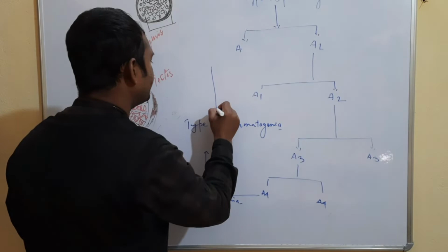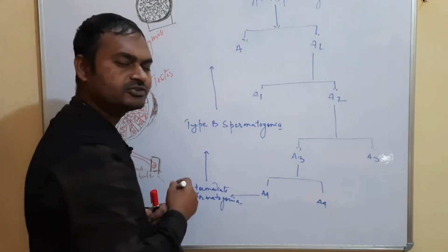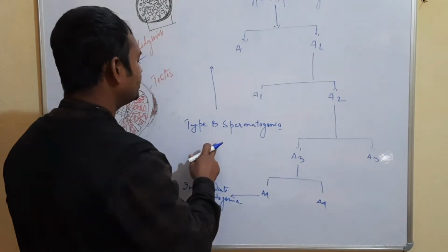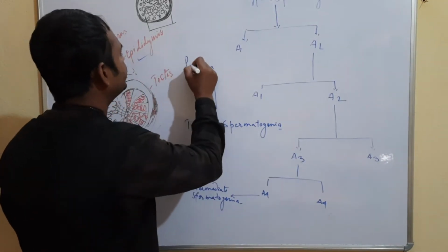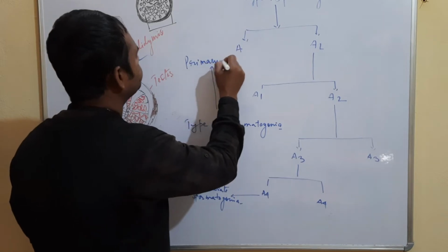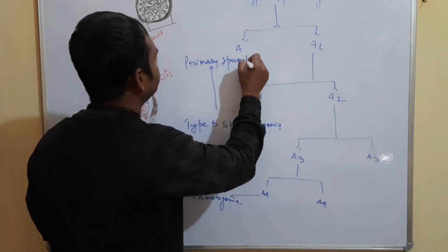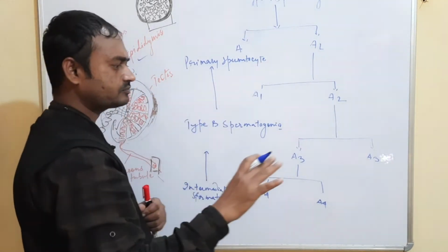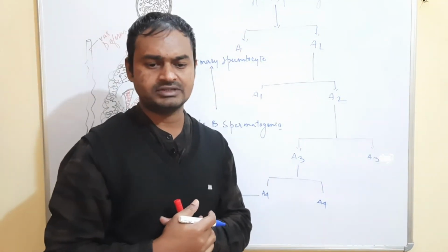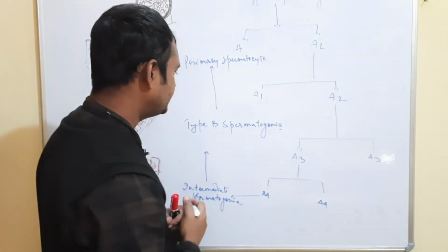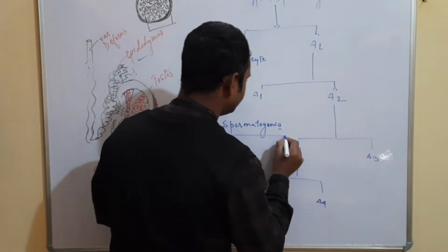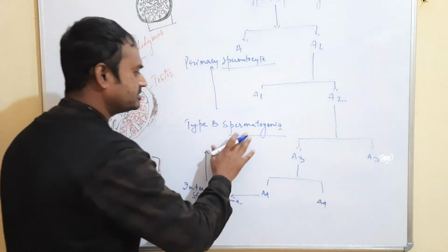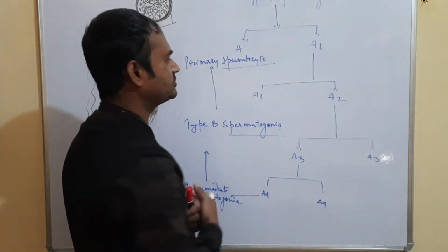The most important section is here: the type B spermatogonia will turn into the primary spermatocyte. So this one is the spermatogonia and this is the spermatocyte.